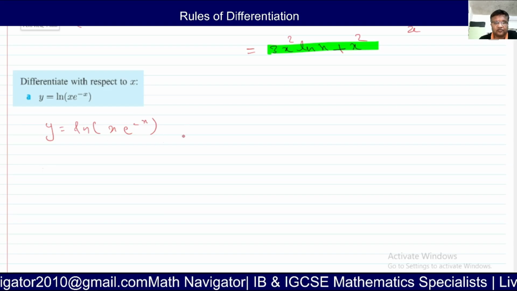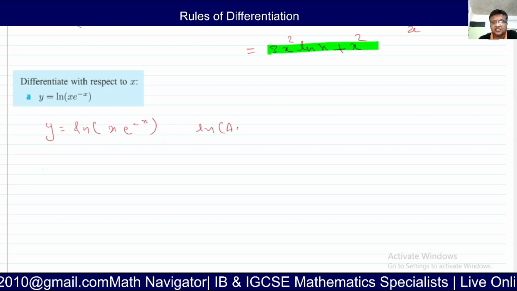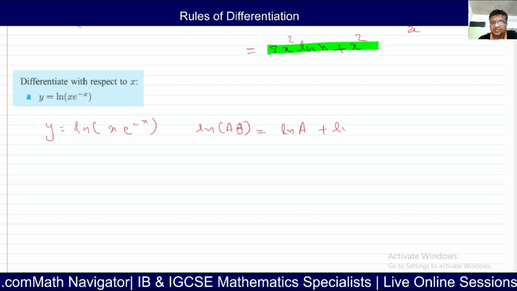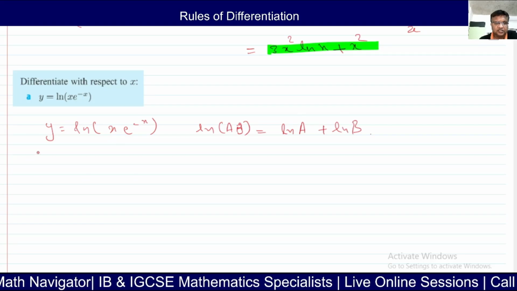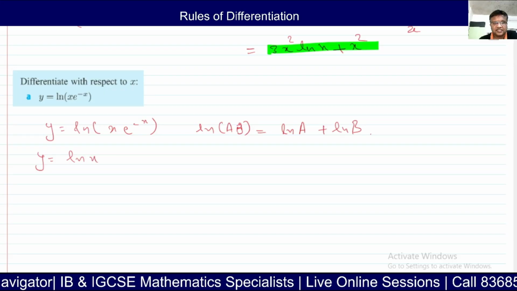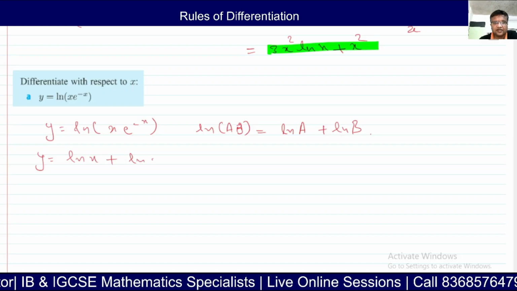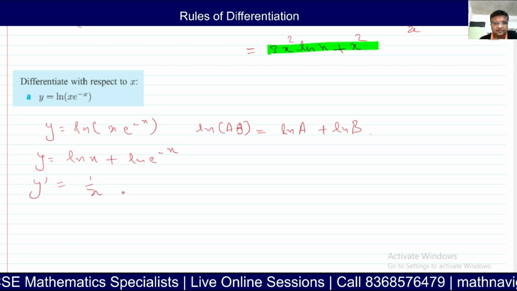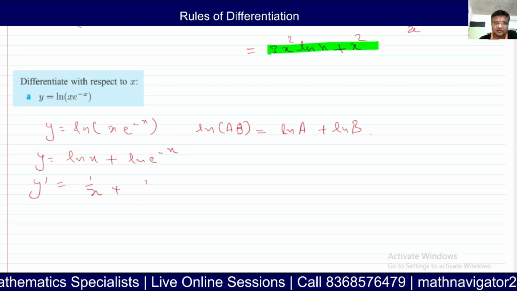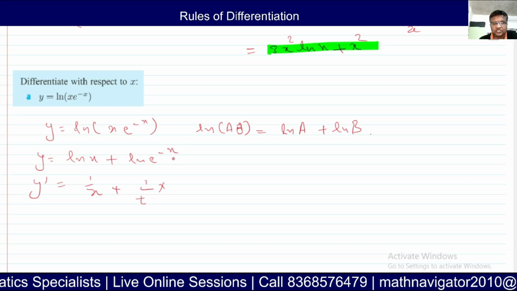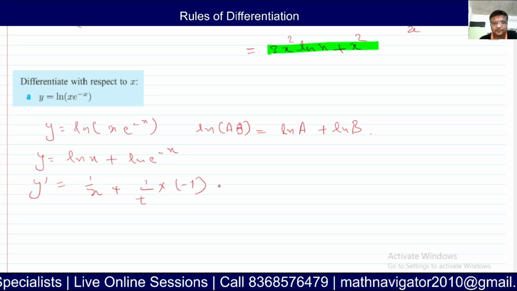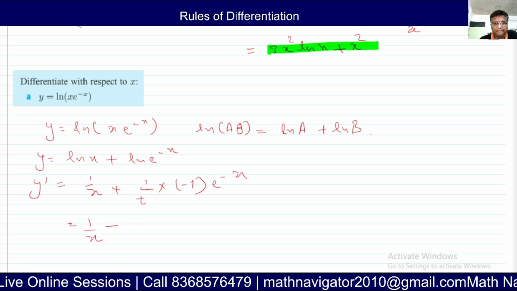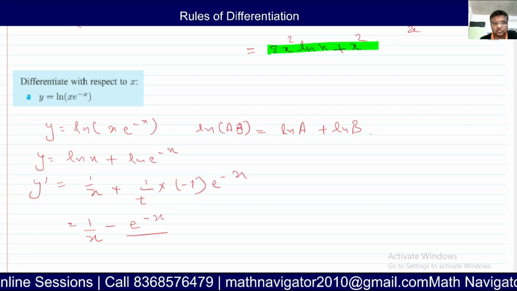If I use the law of logs, what is the law of log? ln of ab is equal to ln a plus ln b. I'll use this here. y is equal to ln of x plus ln of e to the minus x. This becomes 1 by x plus, if I take e to the minus x as t, it will become 1 by t times differentiation of e to the minus x, which is negative 1 times e to the negative x. So this will become 1 over x minus e to the minus x over t.